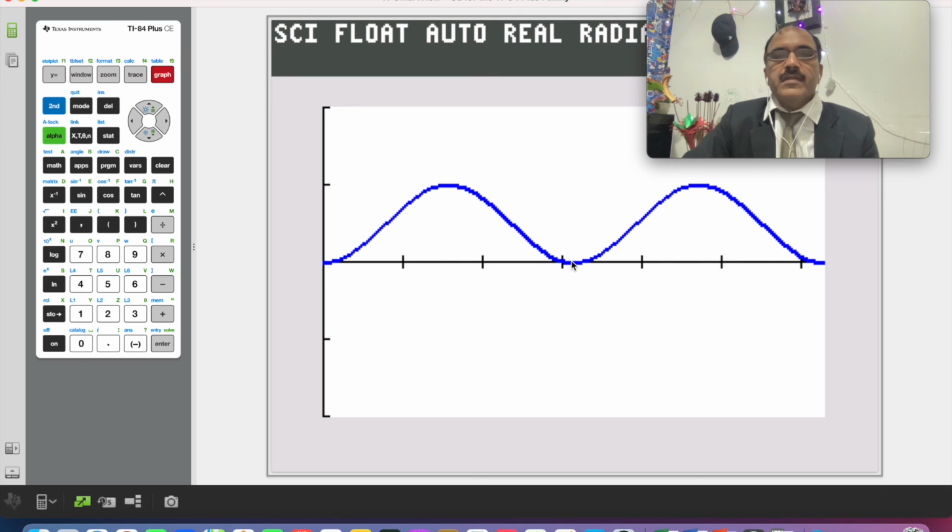So therefore that is known as a local minimum. And similarly at this point, the tangent is horizontal and the gradient is equal to 0, and the gradient changes sign from positive to negative, so therefore a local maximum. So in this way we have 2 local maximums and 3 local minimums, that is 0, 0, pi, 0, and 2 pi, 0.